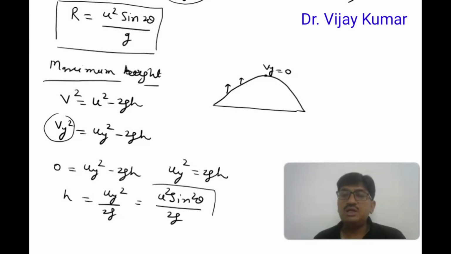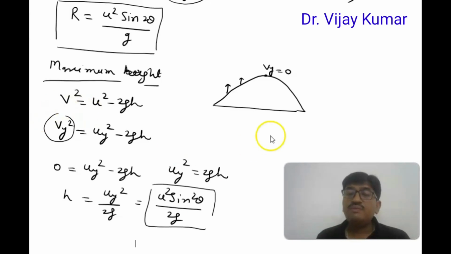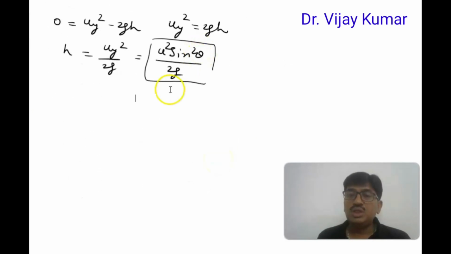This is the height of the projectile, which depends upon the initial velocity u, theta and g.